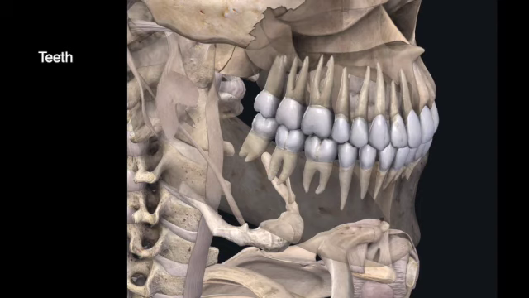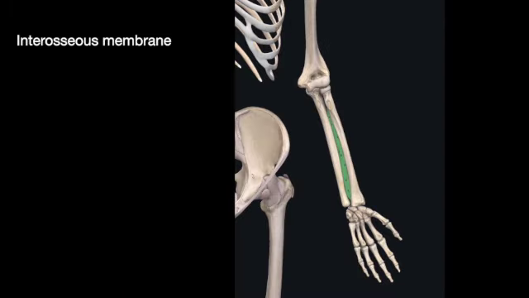They go zigzag from one side to another, and there's hardly any movement at these joints. These are also the joints that keep our teeth in place, as well as the joints between our interosseous membranes on the long bones, like here on the forearm or on the tibia and fibula.